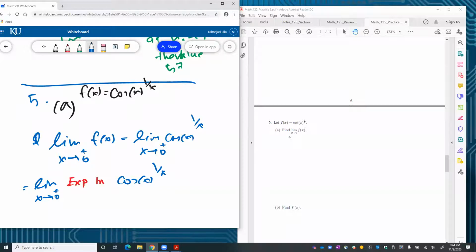Why? Because I want to bring that 1 over x down, but I can't just go about and bring exponents down, can I? So what I do is I put exponential ln because the two of them simplify each other.